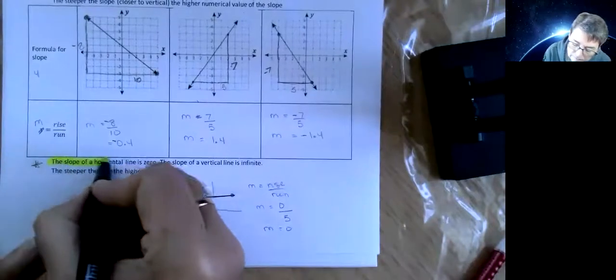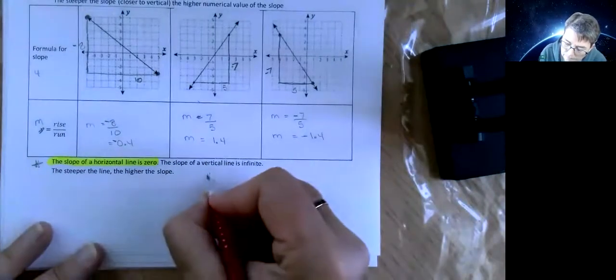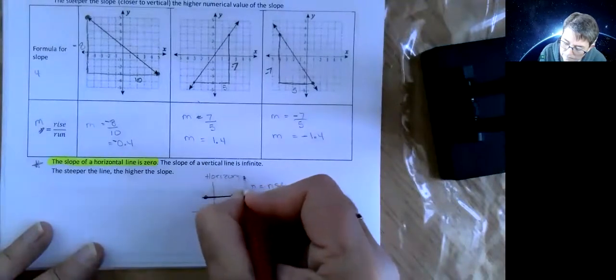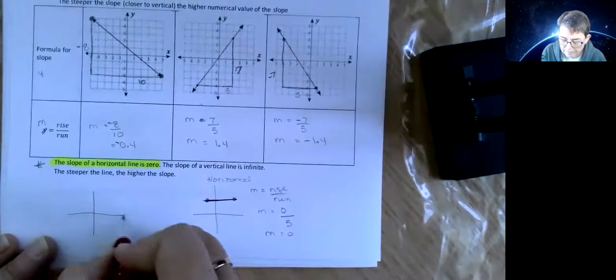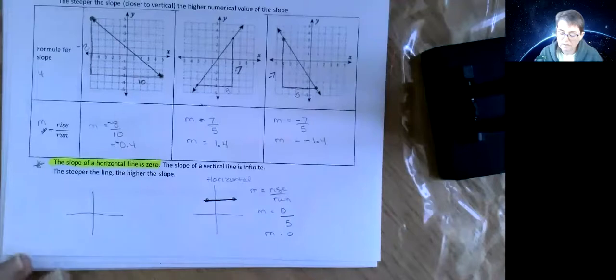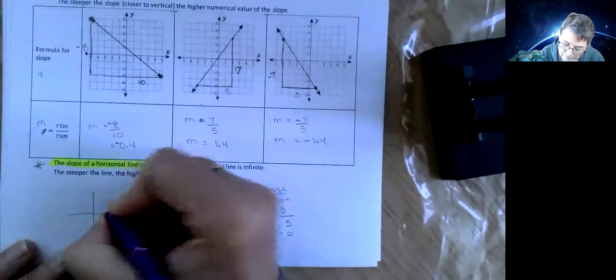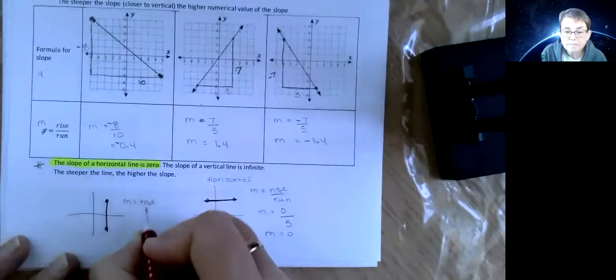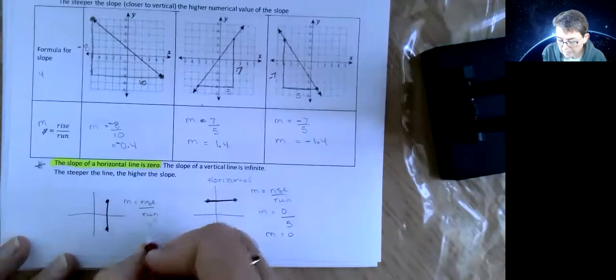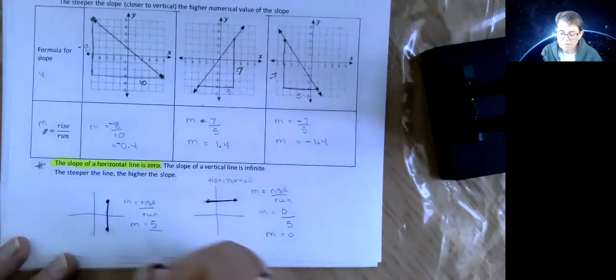Okay, so if we look at a vertical line, well, let's say it goes up 5, but the run part is going to be 0.